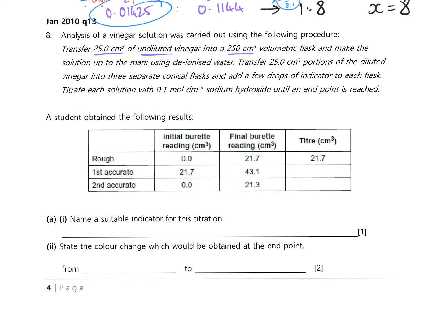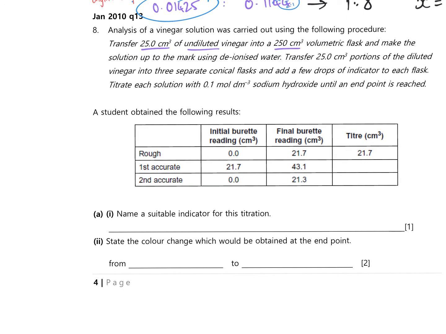Sometimes the question leads you to track the number of moles, but in this question, if we calculate the dilution factor from the start, remember it's the new total volume, which is 250 centimetres cubed, divided by the initial volume, or the volume of your original sample, which is 25. So that's times by 10. You'll see at the end of the calculation that that is the way this one leads us. So that's worthwhile calculating at the end.